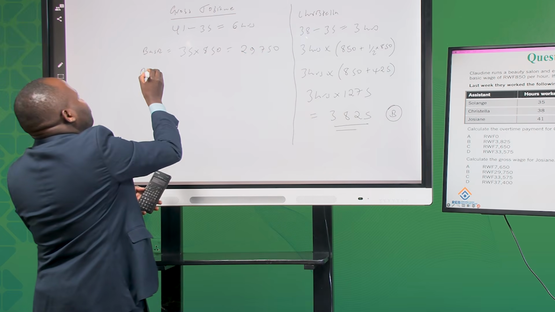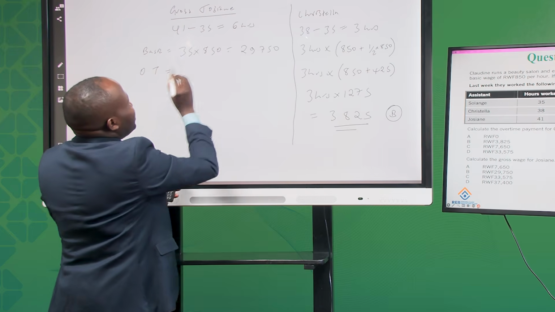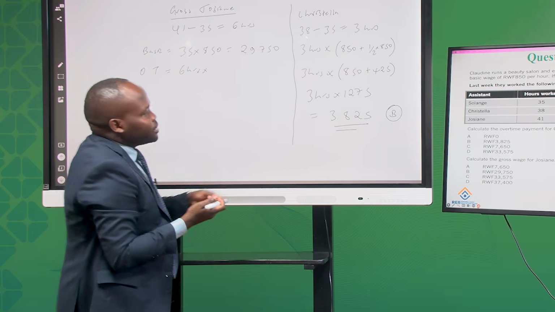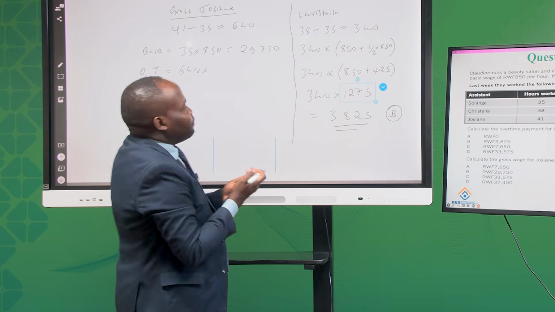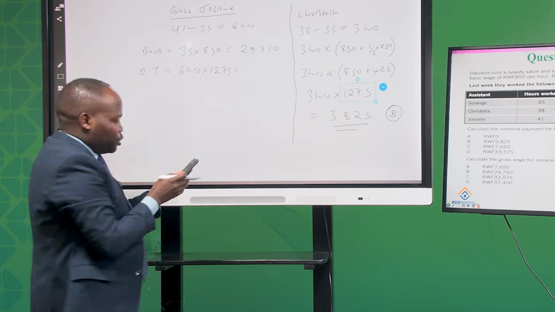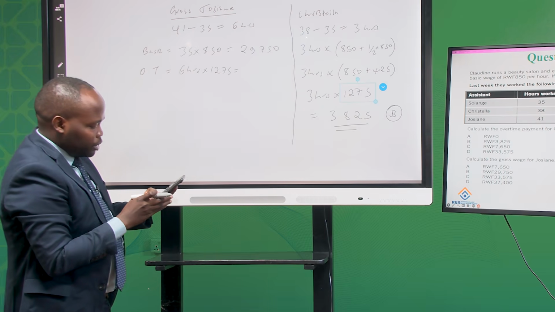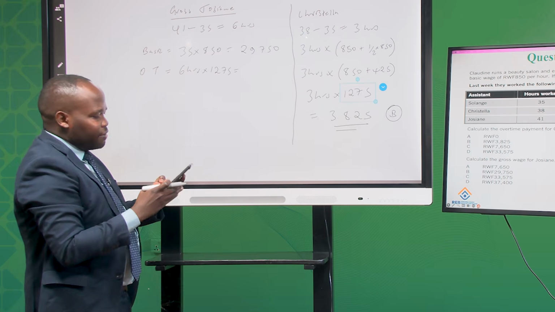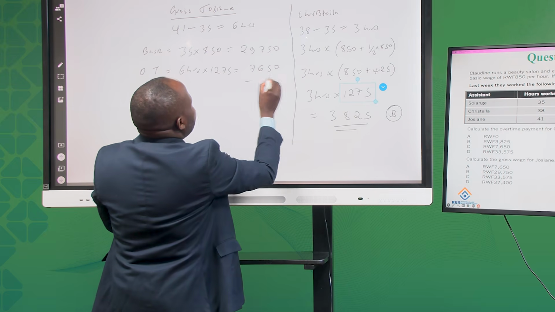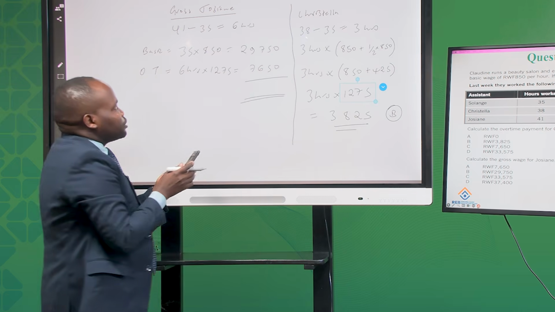And then there is the overtime. The extra overtime hours are 6 hours times the overtime rate, which was 1275. So 6 times 1275 gives you 7650.